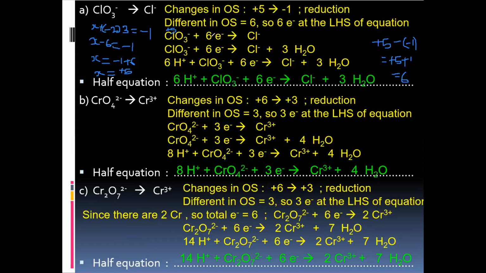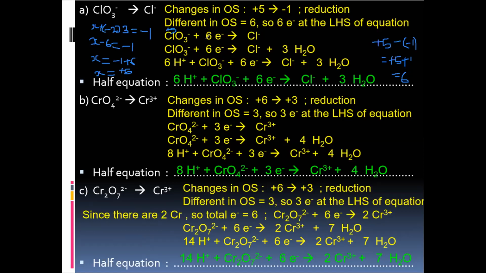So if I have +5, this is 6 times minus, this will give me what? -6. So +5 minus 6 is -1. So it is balanced. But if I put this one here now, this becomes +5 and this one becomes -1, -6, -7. That's not balanced. So it is correct for us to put the difference in oxidation state, that is the electrons that were gained, on the left hand side.